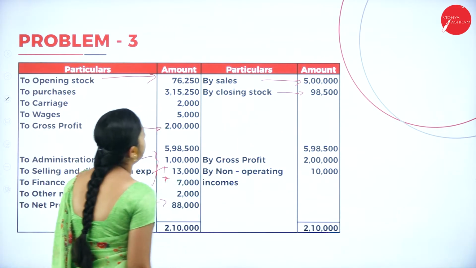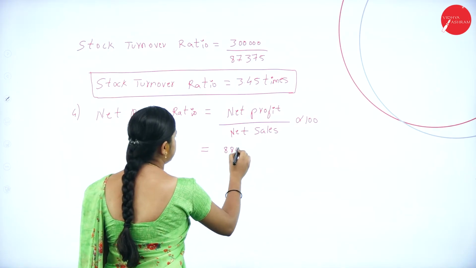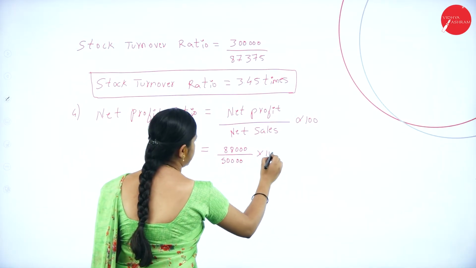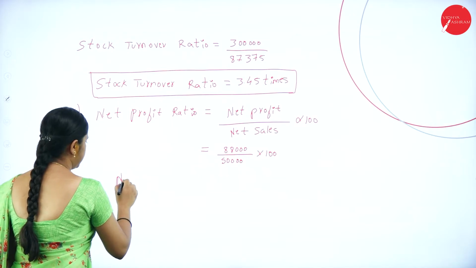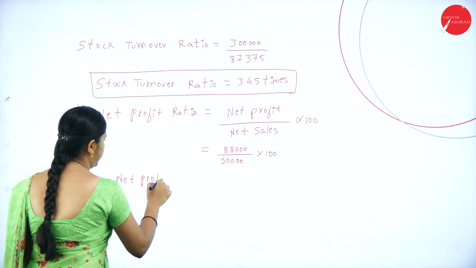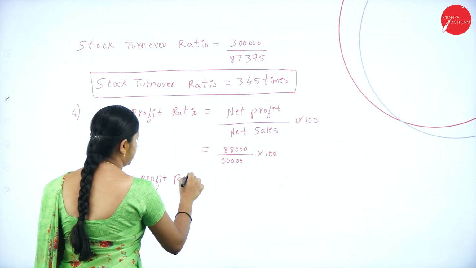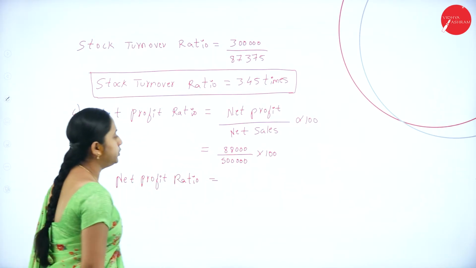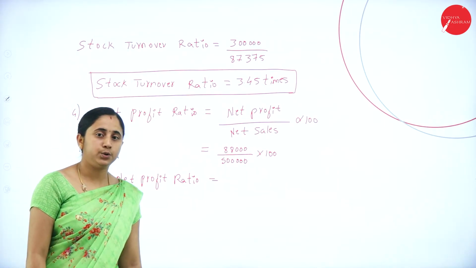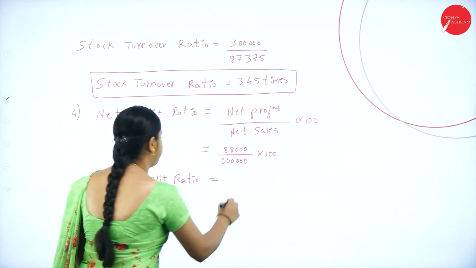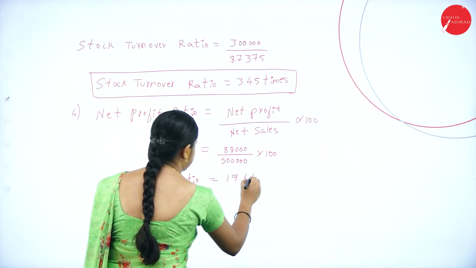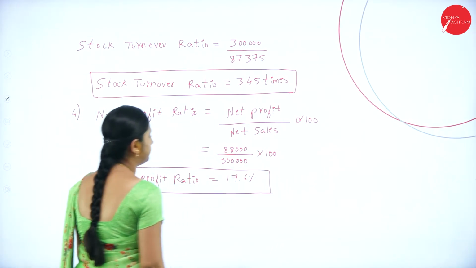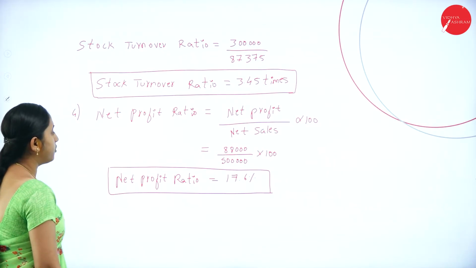Net sales 5 lakh. 88,000 divided by 5 lakh into 100 is equal to 17.6%. 17.6% is the net profit ratio.